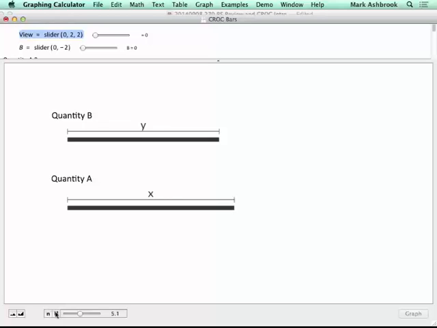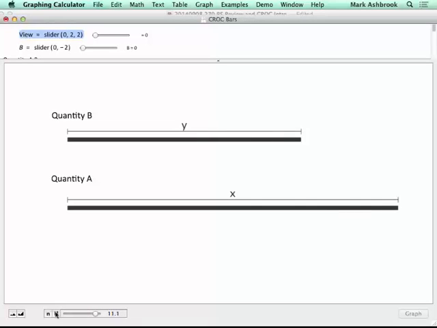Relative size is 1. What about now? Relative size? About 3/4. So this relative size of quantity B to quantity A is continually changing. Y over x is not a constant value. Y divided by x is not a constant value.